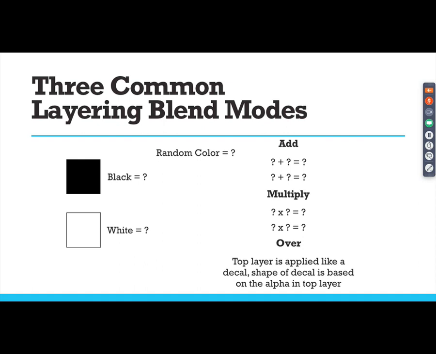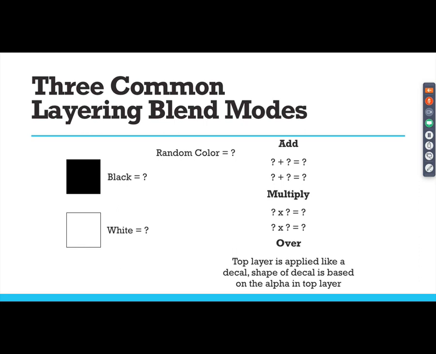The common blend modes that we use are called add, multiply, and once in a while we do what's called an over. But to understand how these work, we need to do some very simple basic math. Don't be frightened. If you can do addition or multiplication, very simple multiplication, very simple addition, you're good to go.